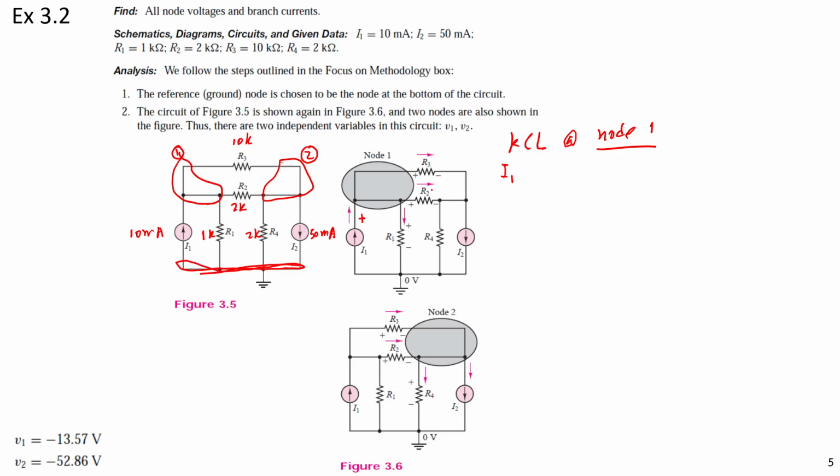So I1 minus IR3 minus IR2 minus IR1 equal to 0, right? This is the first equation.